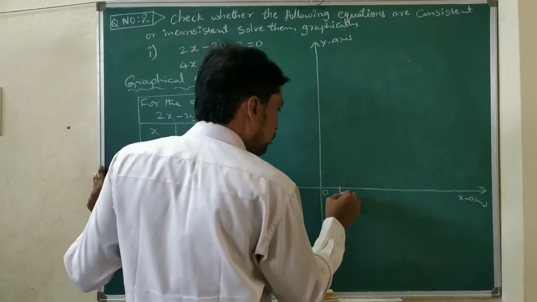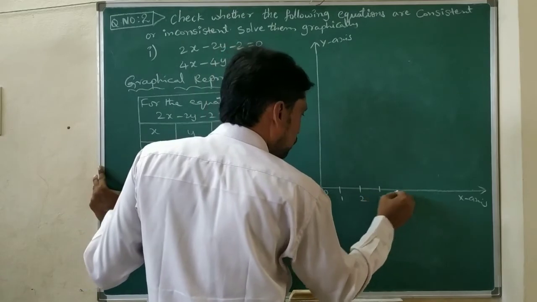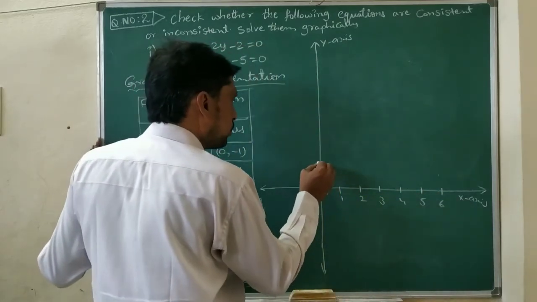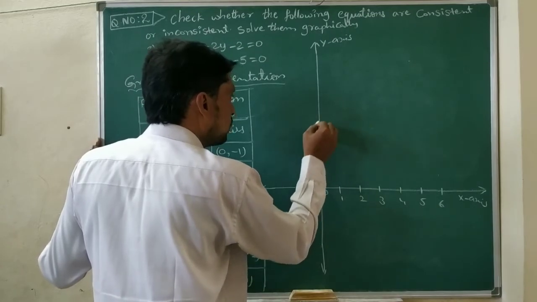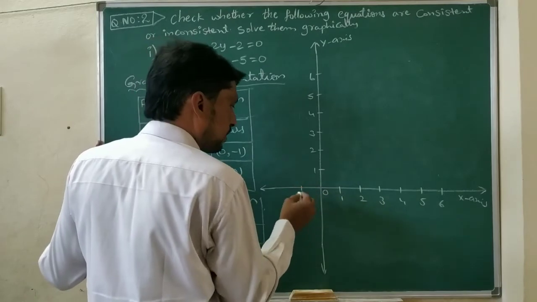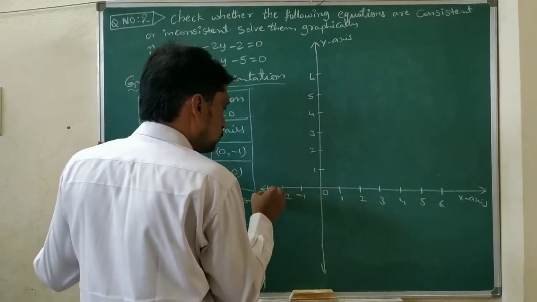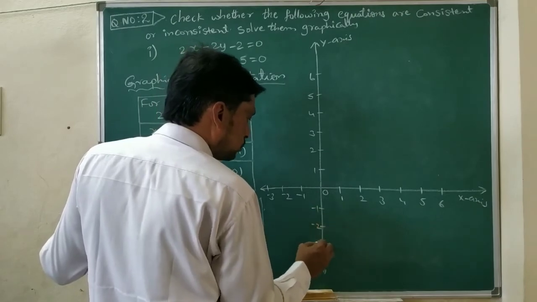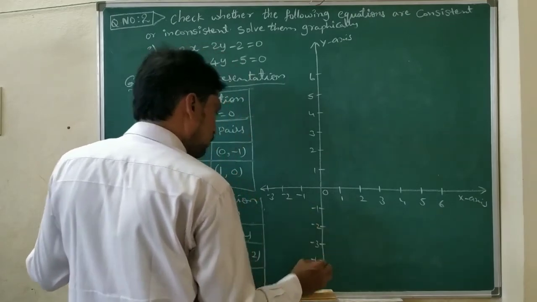Now 0 right side values are positive values: 1, 2, 3, 4, 5, 6 like that. Above the 0, 1, 2, 3, 4, 5, 6. Left side of the 0, minus 1, minus 2, minus 3. Below the 0, minus 1, minus 2, minus 3, minus 4.